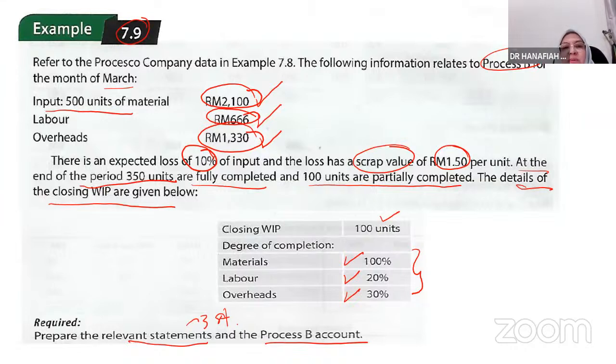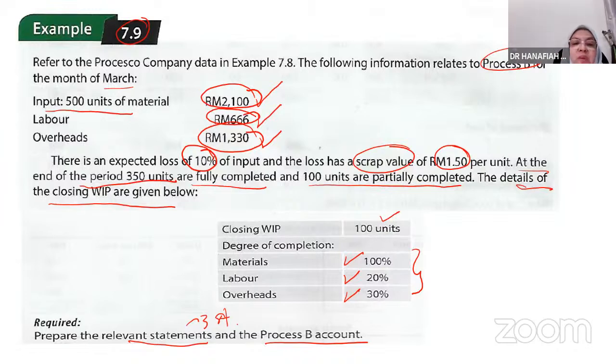There is a difference in preparing the statement, especially on the equivalent unit. Then only you can proceed to the statement of cost and statement of evaluation, and after that you prepare the process account. So these few stages need to be followed closely.